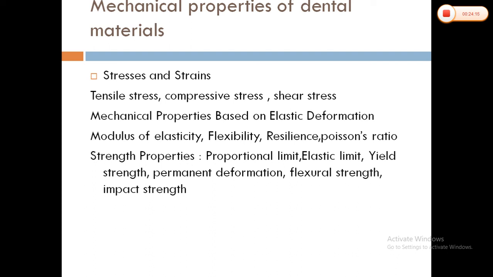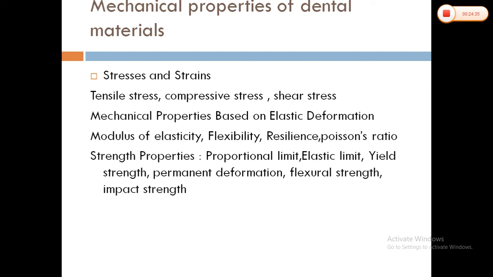Coming to mechanical properties of dental materials. In this you will be learning about stresses and strain, under which you will be learning about tensile stress, compressive stress, and shear stress.